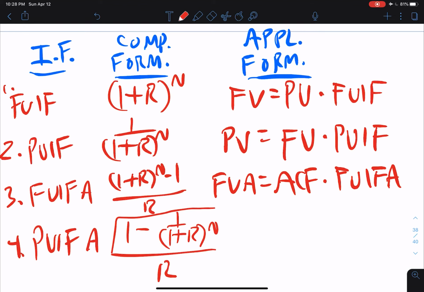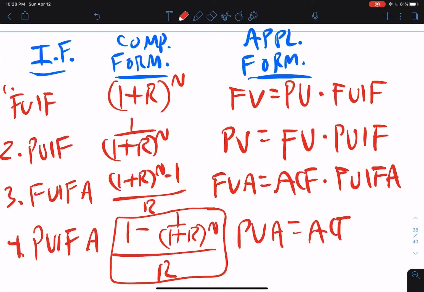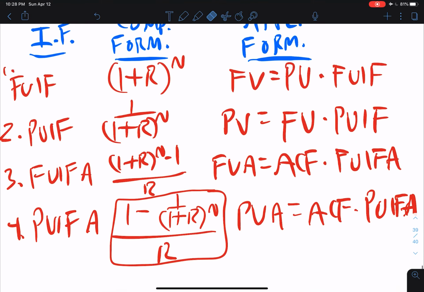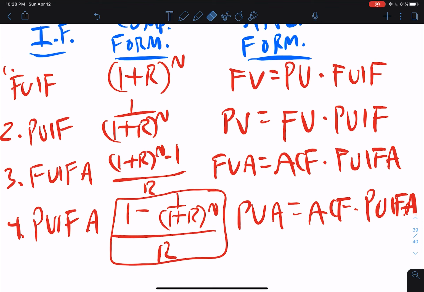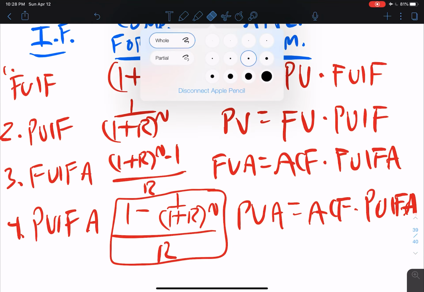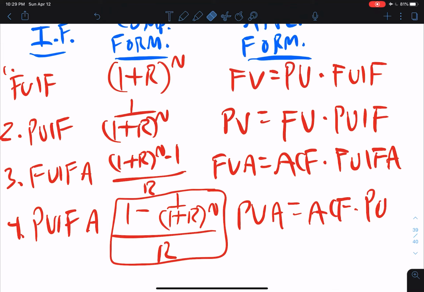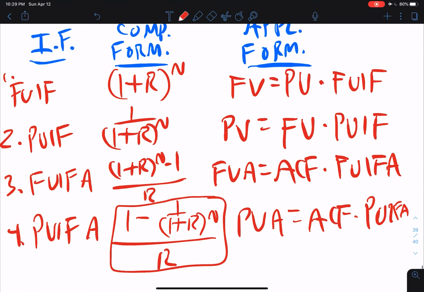Just put that in a little rectangle. And then the application formula is present value of the annuity equals annuity cash flow times PVIFA. Let me just erase that and make it nice and neat. There we go. And so there's a little table for you to have.